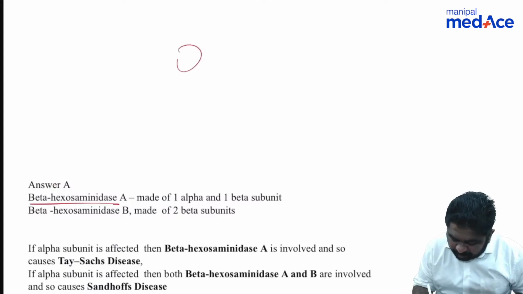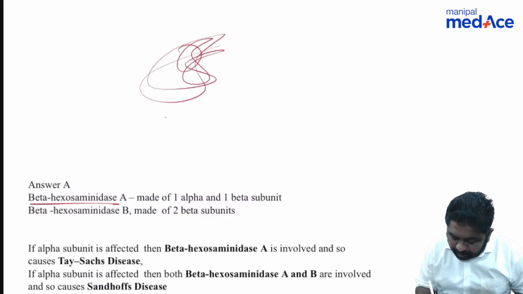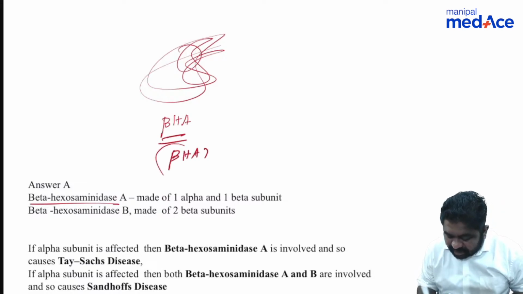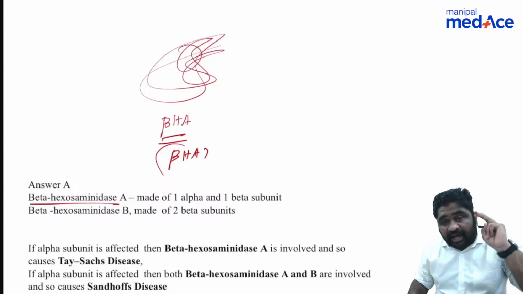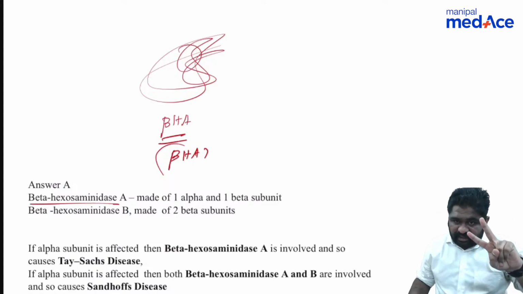When I look at the enzyme beta hexosaminidase A, this is an enzyme, right? Enzyme means it should have a minimum of two subunits.